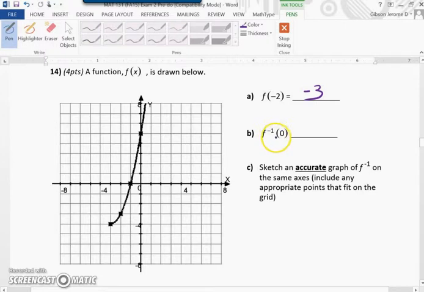If this wasn't an inverse, this would be an x value, right? But since it's the inverse, that means this is the y value. So we go where y is 0, and then we find out what x is. x would be 1, 2, 3, 4, 5. So your answer here would be 5. Because remember, usually what goes inside this parenthesis is x, but since it's the inverse, it would actually be y.